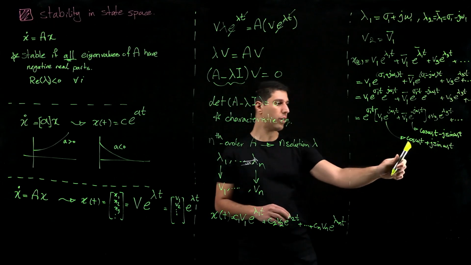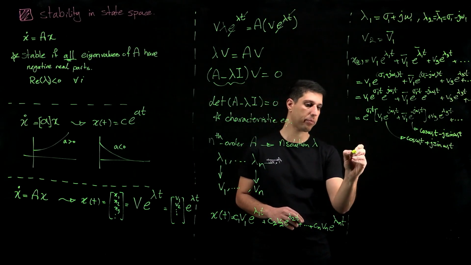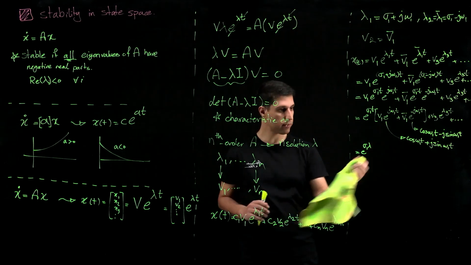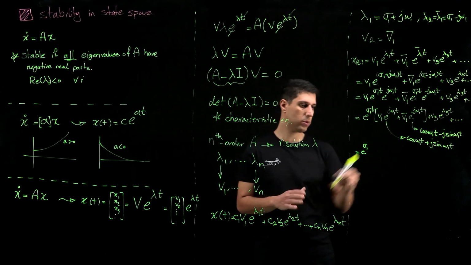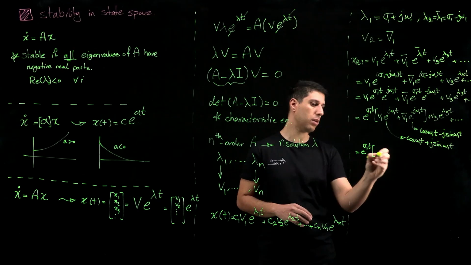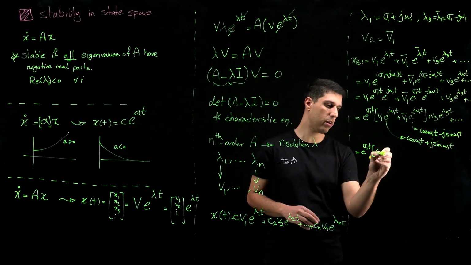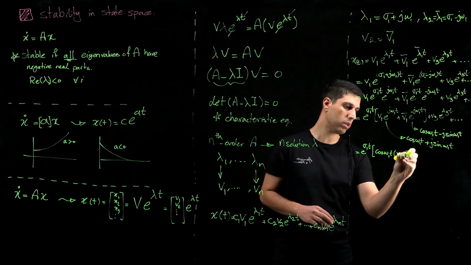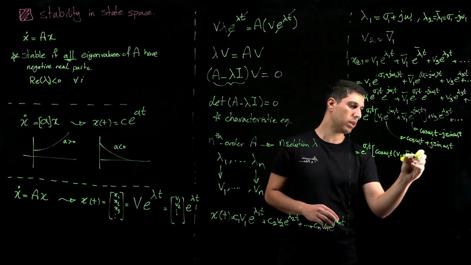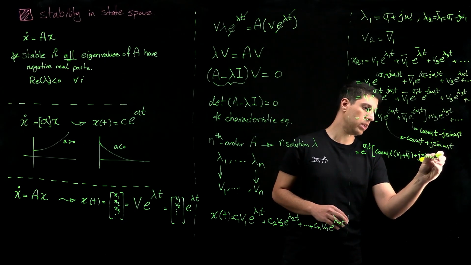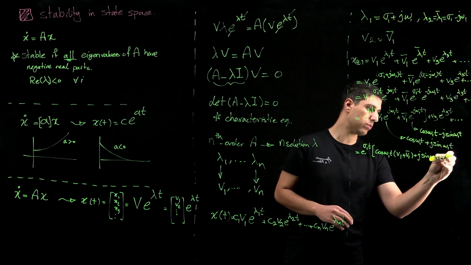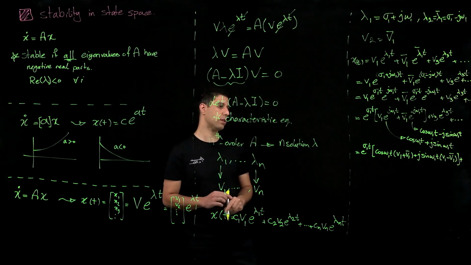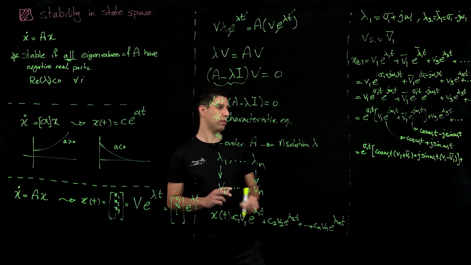So I'm going to factor out the cosines and sines. So I'll have e to the sigma 1t times cosine of omega 1t times v1 plus v bar 1, plus j sine of omega 1t times v1 minus v bar 1, plus the remaining terms.